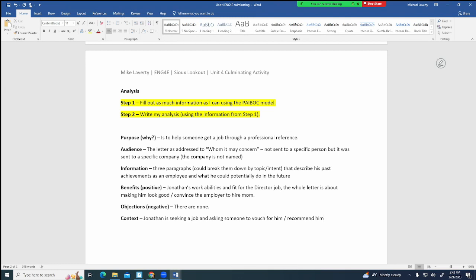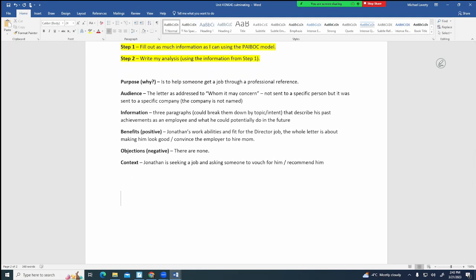You're doing that PyBock model, and then what you'll do is you can just copy and paste that text, or if you're doing it with a pen and pad, you can then just repeat the information, but do the analysis first, and then write about it, right?